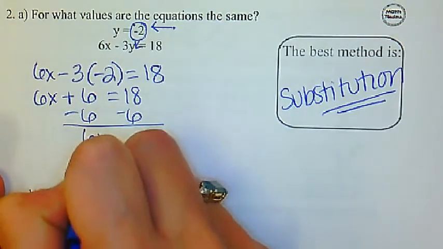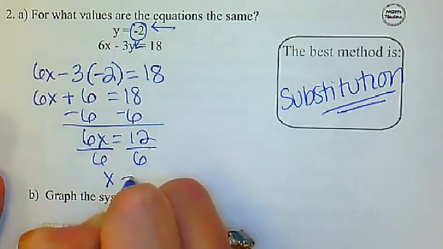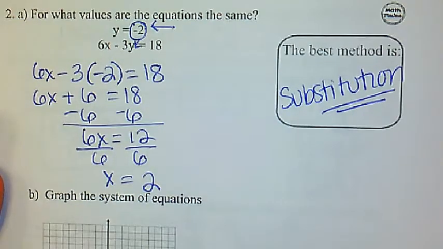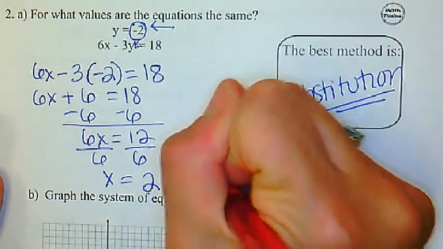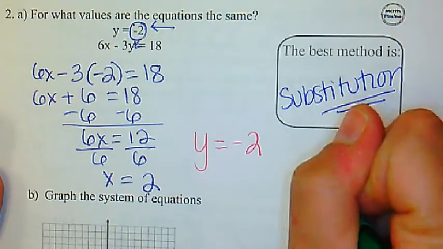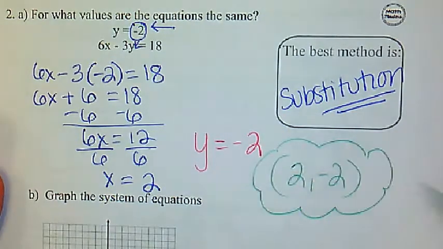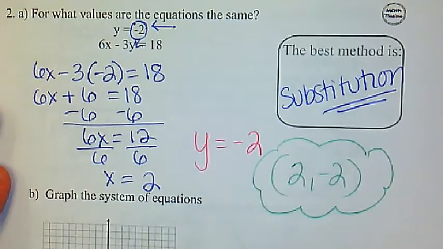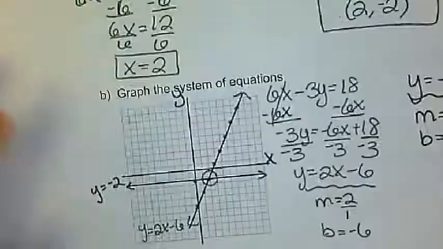Subtract the 6. So x equals 2. Now I'll plug that back in. Oh, just kidding. We already know that y is equal to -2 because it gave it to us. So our final answer is 2, -2. All right. And for sake of time, I already graphed this.